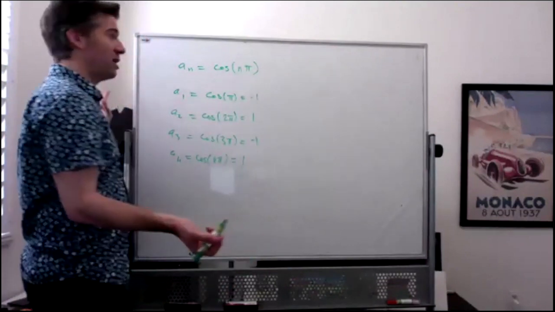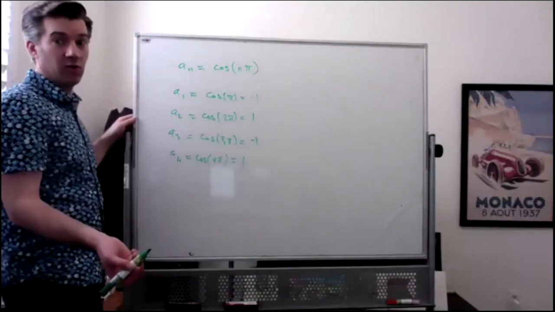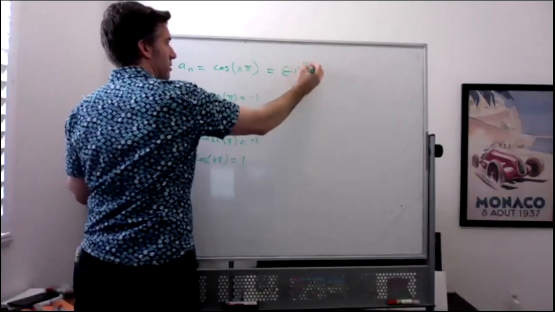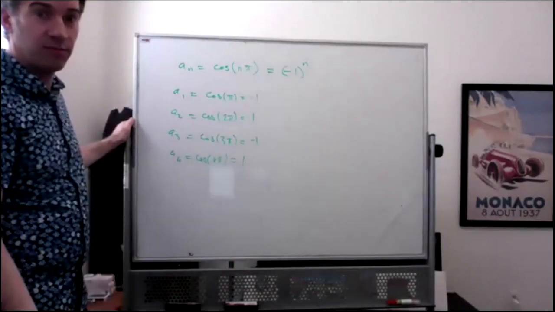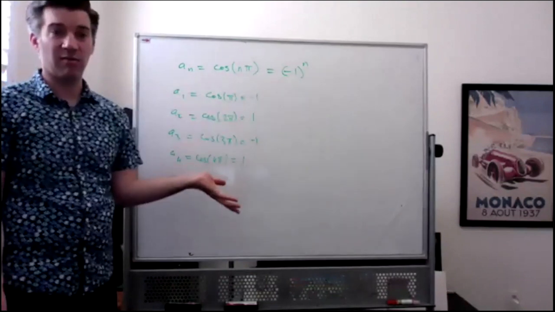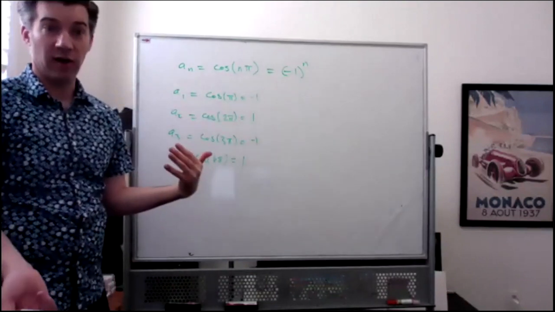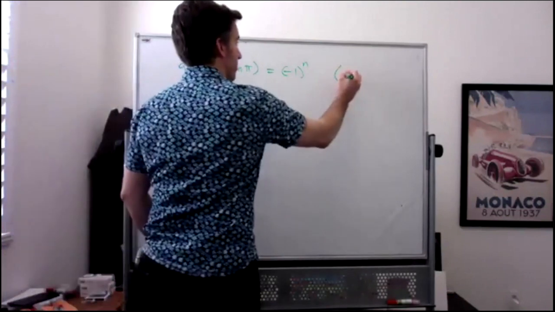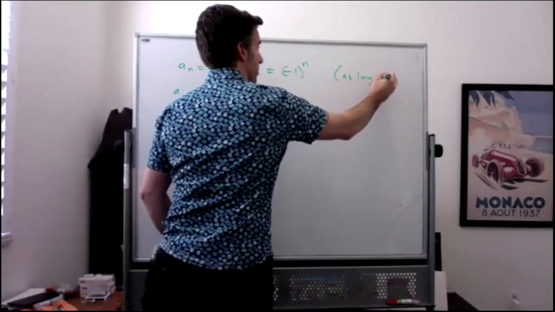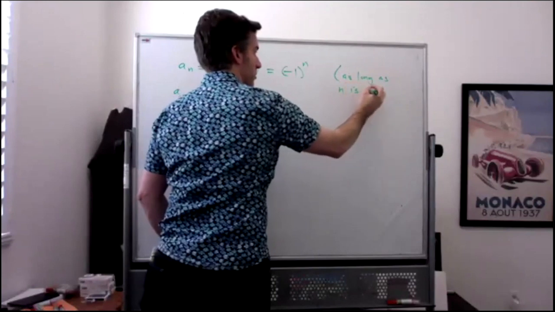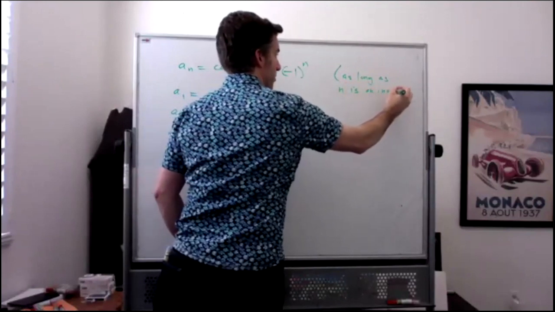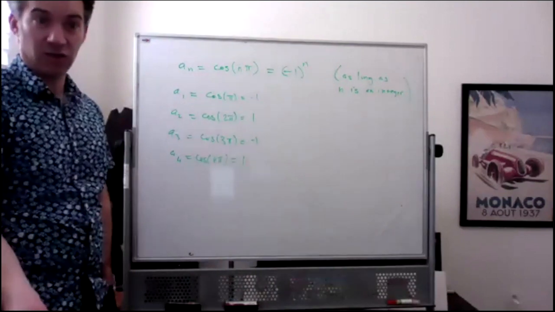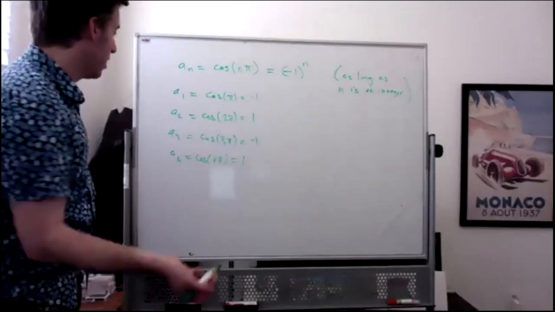So it is actually technically correct to also write this as -1 to the n. This and this are the same for every integer value of n. It's definitely not true if n is some fractional or irrational number.